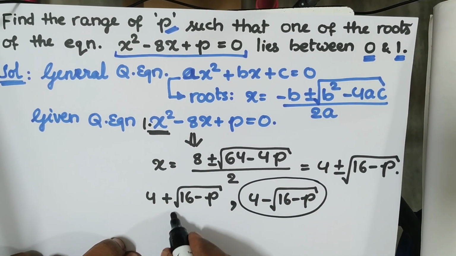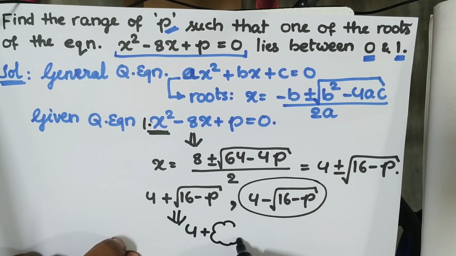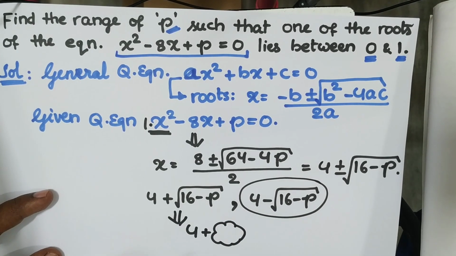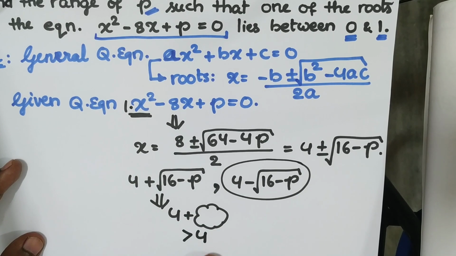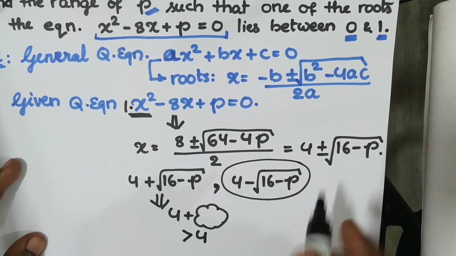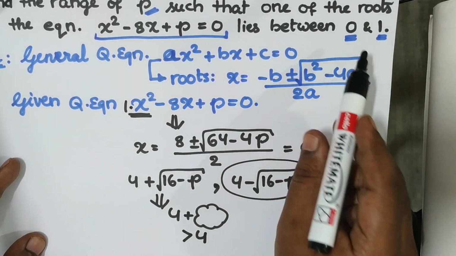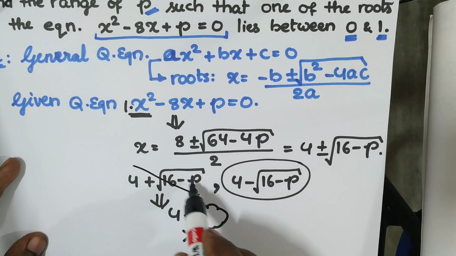Because if I take 4 plus something, whether p is a positive or negative quantity, we always get this one greater than 4. He is asking that one of the roots must lie between 0 and 1, so really we can't choose this root.